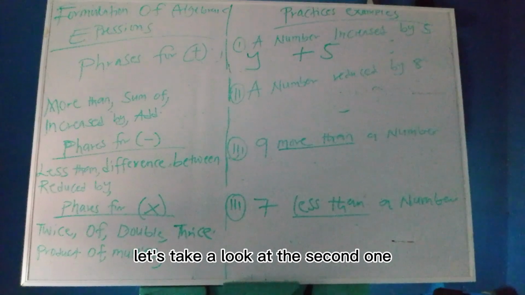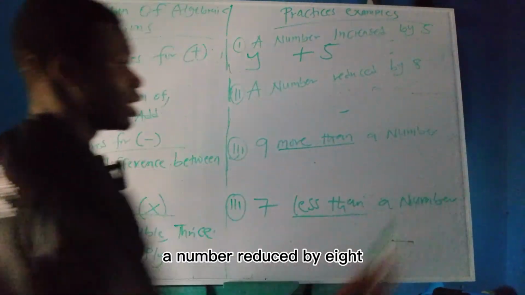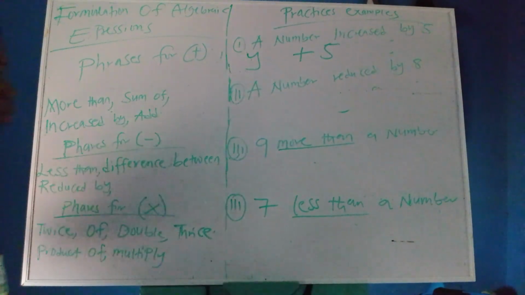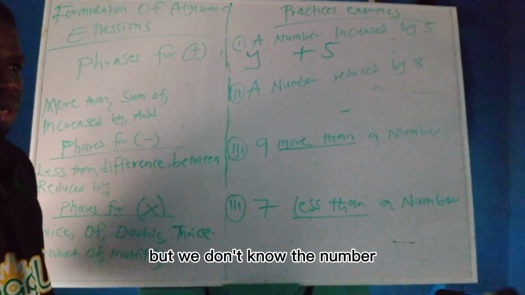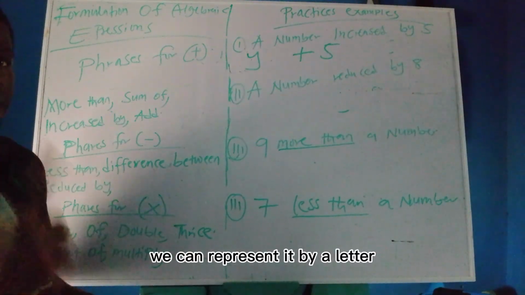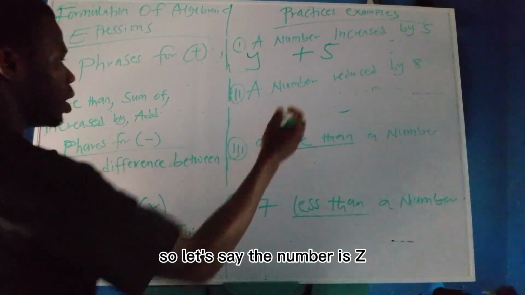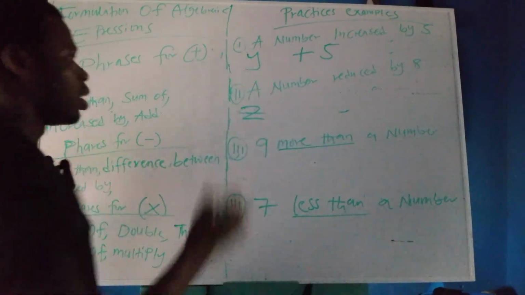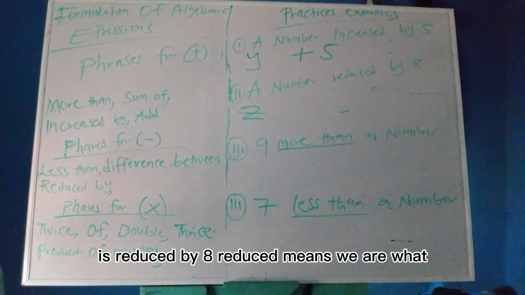Let's take a look at the second one. A number reduced by 8. A number. We don't know the number. We can represent it by a letter. We can choose any letter to represent the number, so let's say the number is Z. It is reduced by 8.